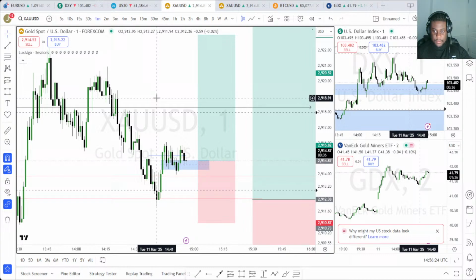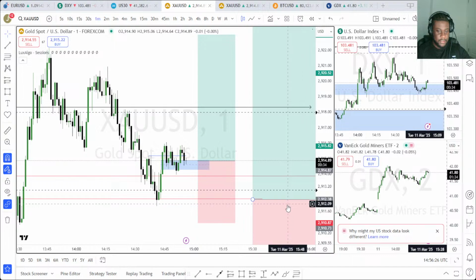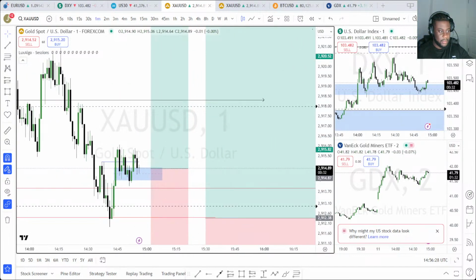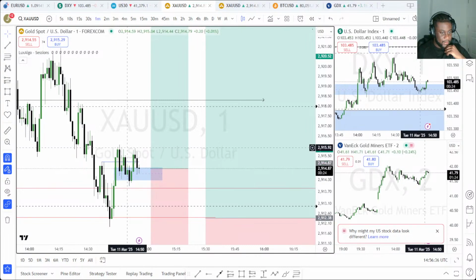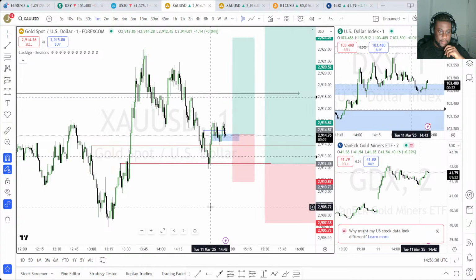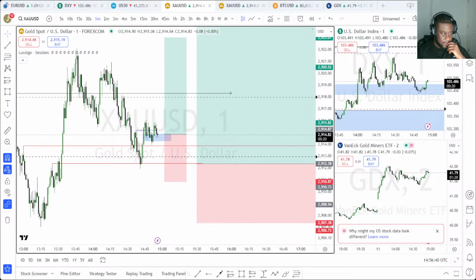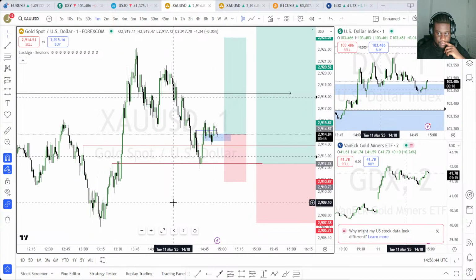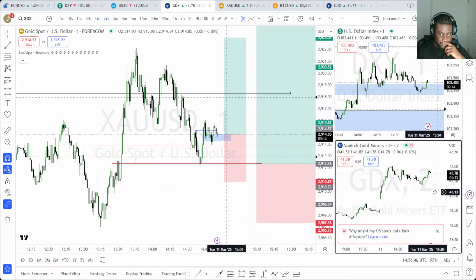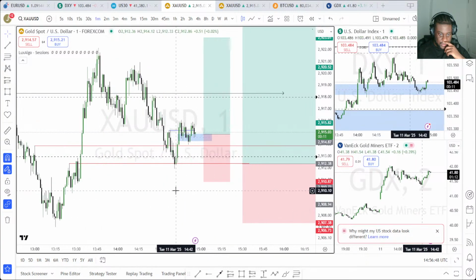All right. So I've sent out this buy here for the VIPs. It has hit TP1. We are holding, guys.